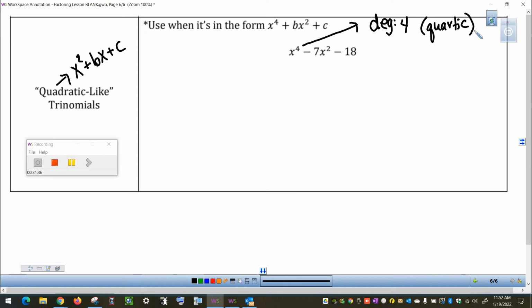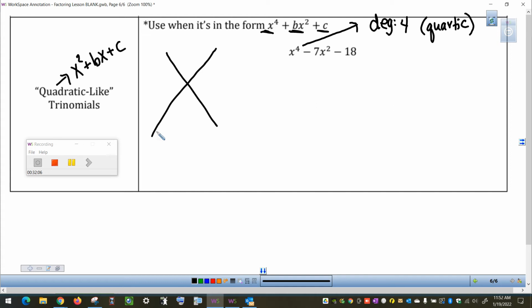And it turns out that if you have this special format where the first term is x to the fourth, the second term is an x squared term, and the last term is a constant, you can factor it this special way as a quadratic-like trinomial. So it's going to behave like what we did when we factored basic trinomials.